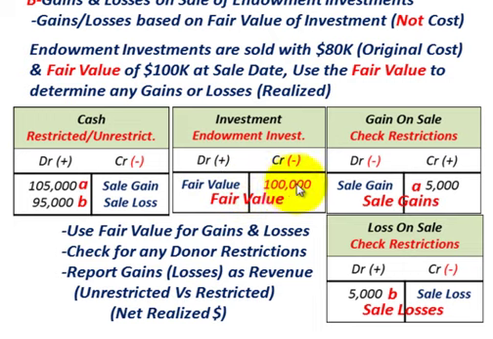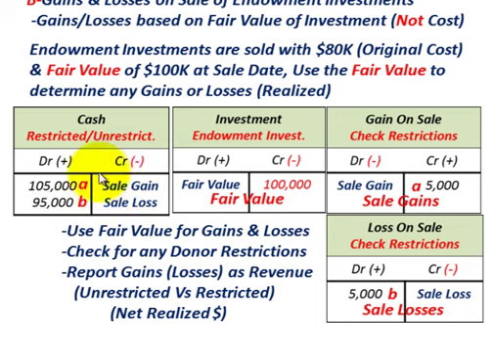Just say, for example, we received $105,000 cash, and our cash account would either be restricted or unrestricted. It depends on how that endowment was set up by the donor. So whatever it is, we would debit our cash for $105,000.